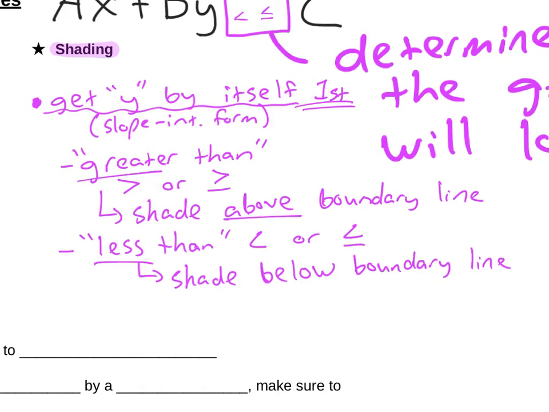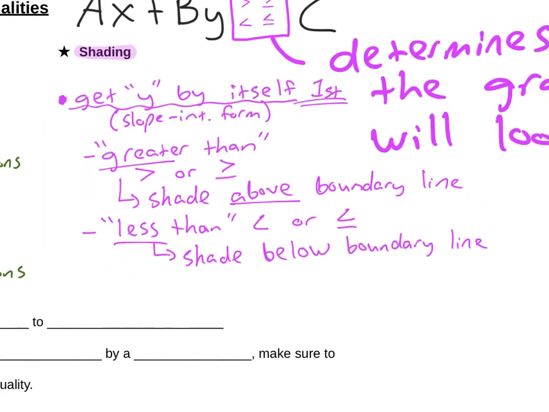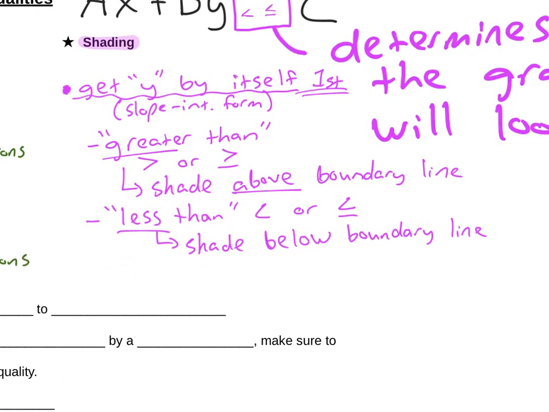Shading is another way of saying we're going to color in the solution region. We're going to color in part of the graph. So that's one way of doing it, and in my opinion, it's the best way. There is another way to determine shading that I want to add to our notes, and that is using a test point. I'm going to add that in right here.